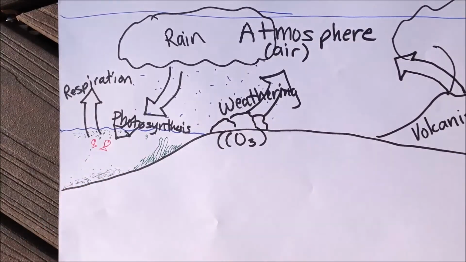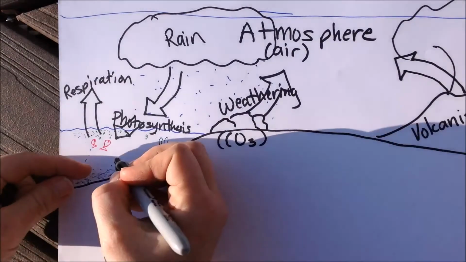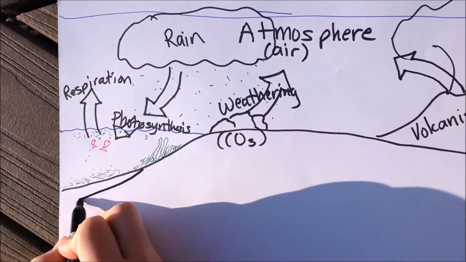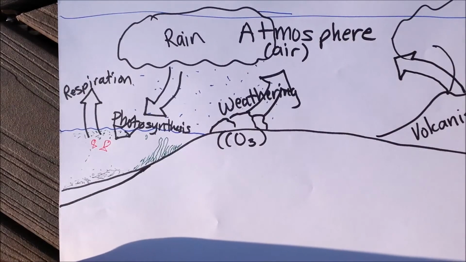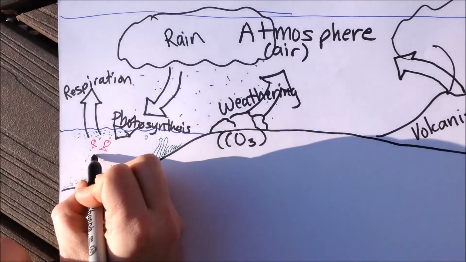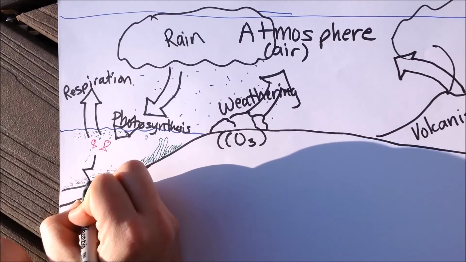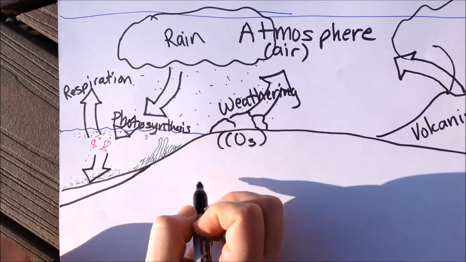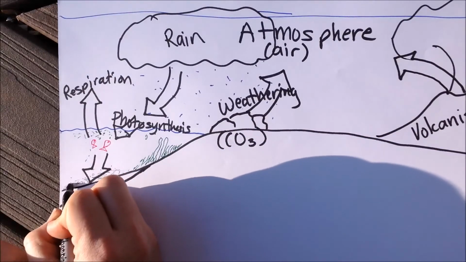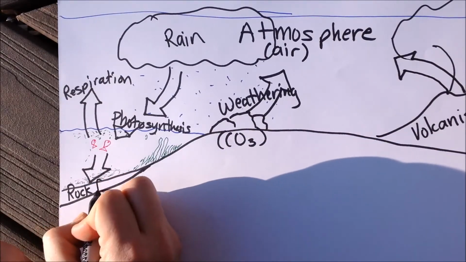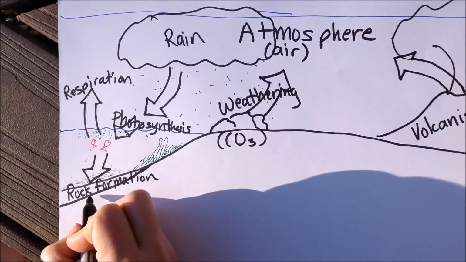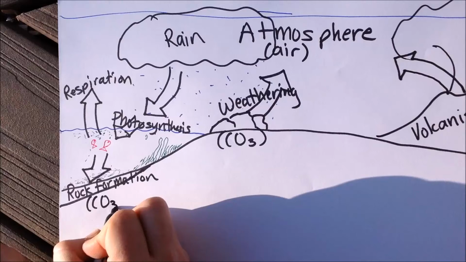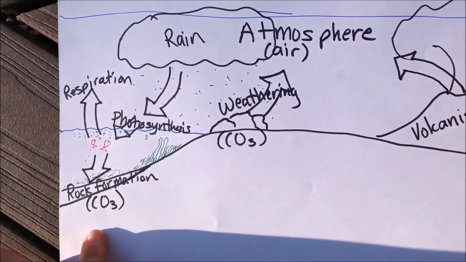Over time, after we get more and more of these layers, we'll have a layer of carbon that's solidifying into rock. So we have this stuff going down to the bottom, and we call this rock formation. And it's actually forming with that chemical carbonate.